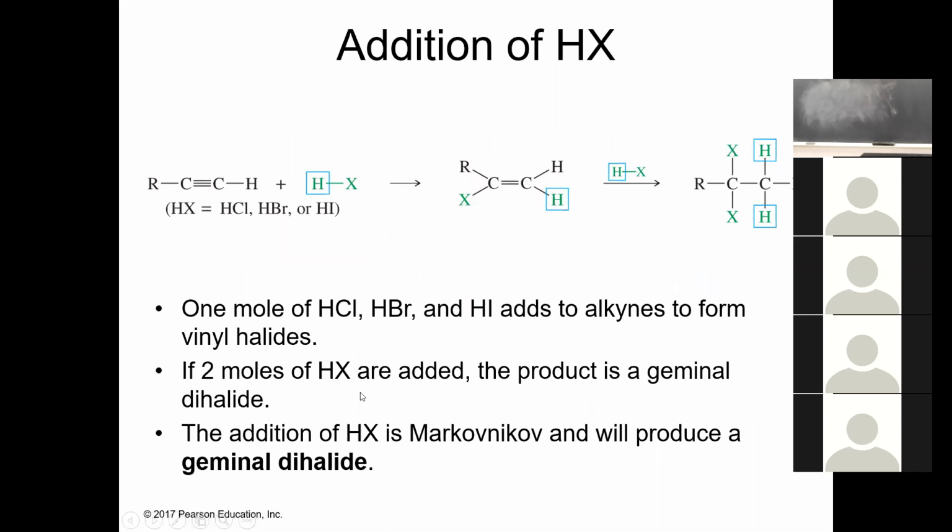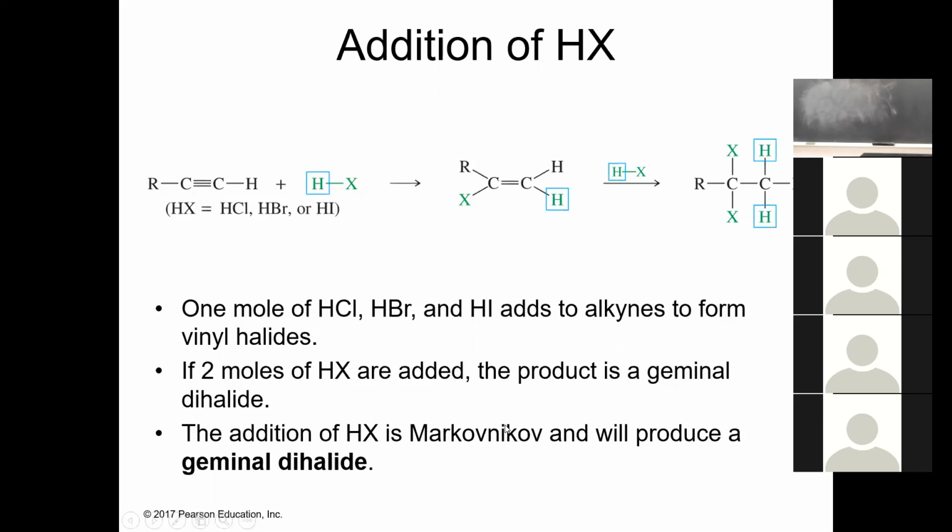Okay, we can also add HX, where X is chlorine, bromine, or iodine, just like we did with alkenes. If 2 moles are added, then the product is what we call a geminal dihalide.